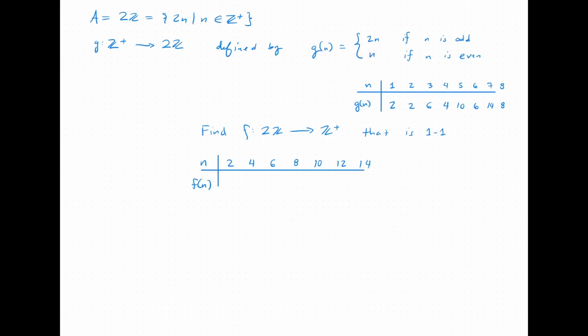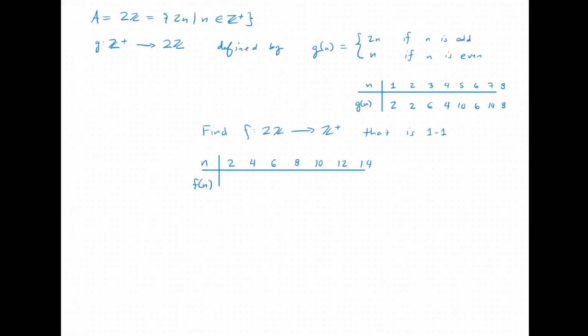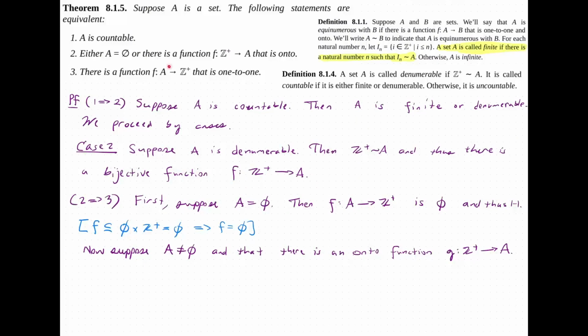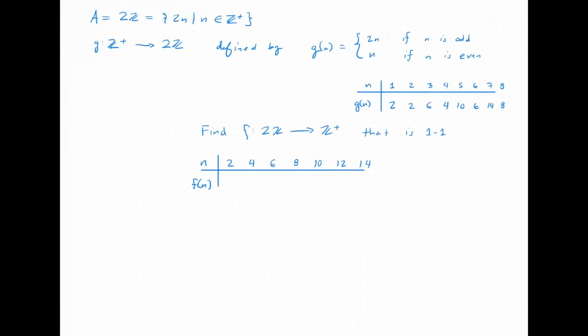But for the purposes of the proof that we are just looking at, what we want to prove is the existence of a function f from A to the positive integers that is 1 to 1. In the context of this example, we want to construct a function from the even integers to the positive integers so that this is 1 to 1, but we want to construct this function assuming this g that we have here, because that's all that we have to work with in our proof.